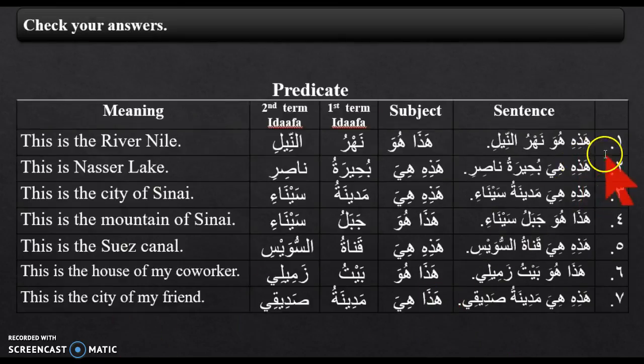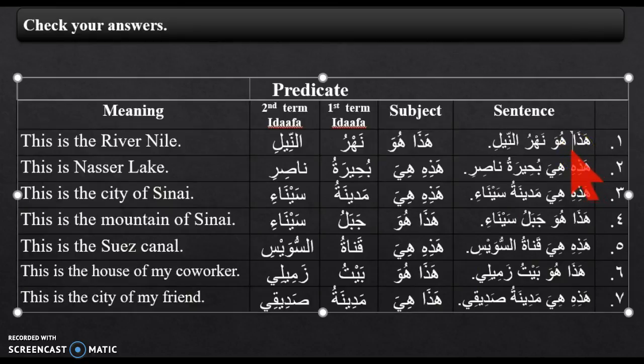رقم واحد هذا هو نهر النيل. هذا هو the subject of the sentence. نهر النيل is the predicate of the sentence. نهر carries only one dhamma because it's considered definite, because النيل is a definite noun and therefore makes the first term in إضافة definite as well.